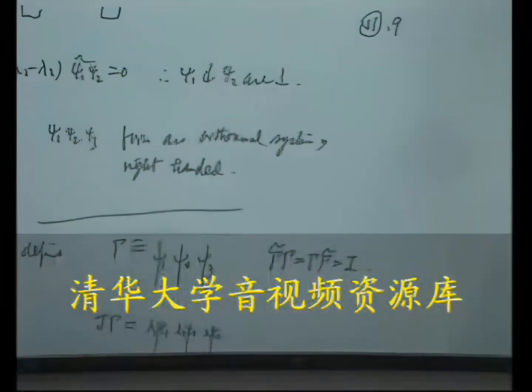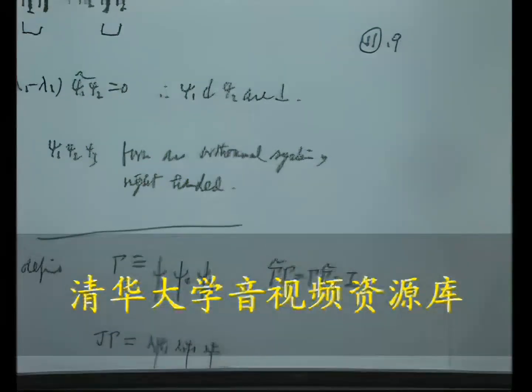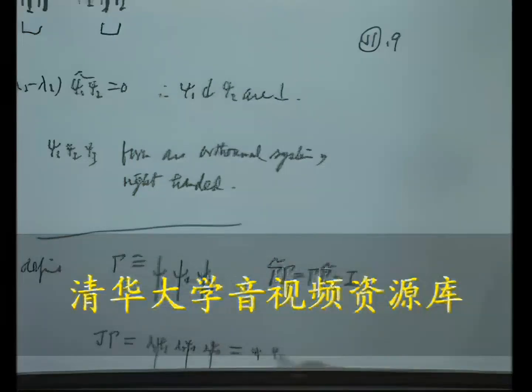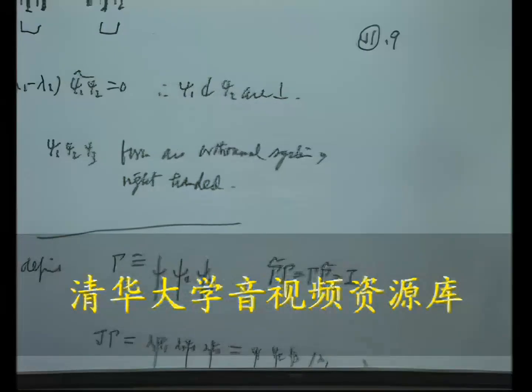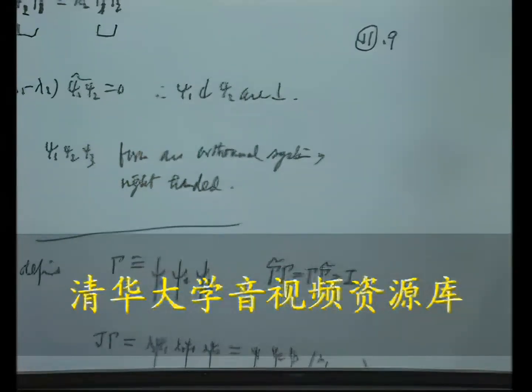And that is equal to psi 1, psi 2, psi 3 multiplied by the diagonal matrix, because if you multiply those out, the first column is lambda 1 psi 1, second column is lambda 2 psi 2, third column is lambda 3 psi 3.